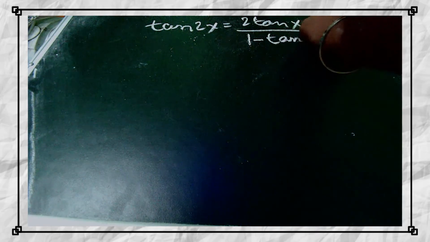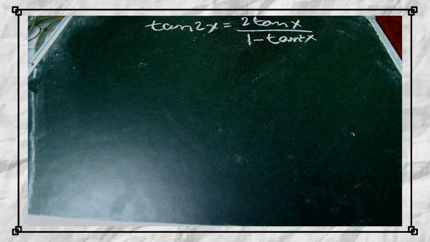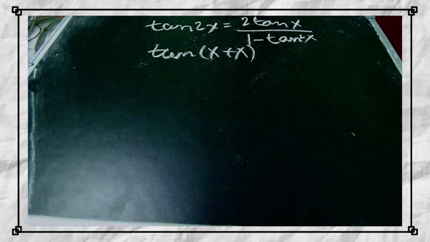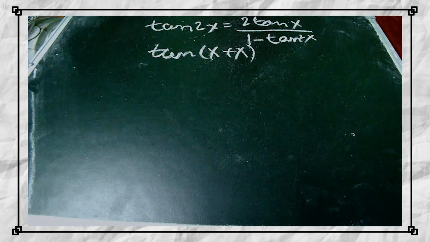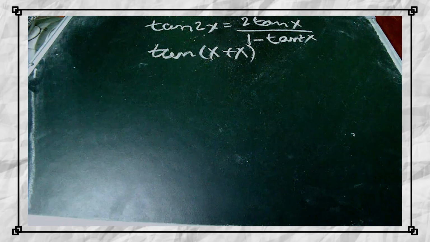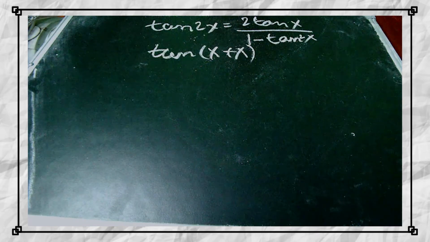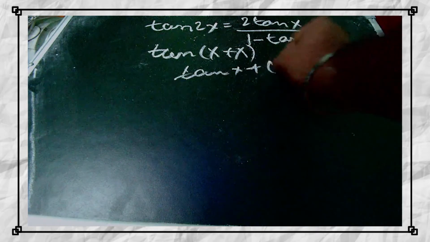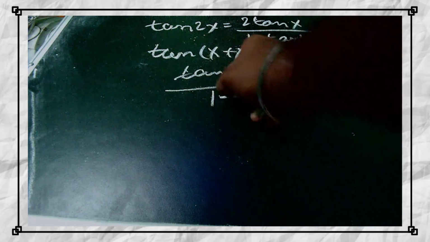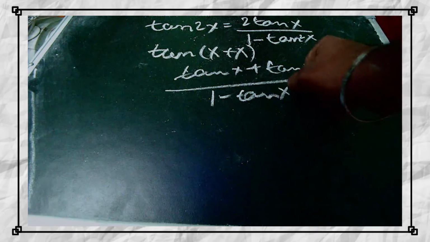So the value of tan of 2x is equal to 2 tan x by 1 minus tan square x. Now how is this formula derived? Tan of 2x we can write as tan of x plus x, and now we'll apply the formula for tan of a plus b. Here a and b both are x. Tan of a plus b is tan of a plus tan of b by 1 minus tan of a into tan of b.